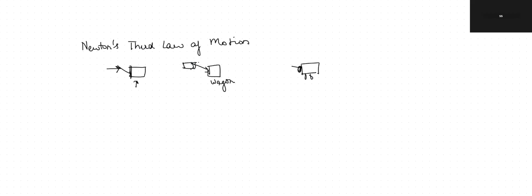When we are exerting a force on the table, the table is also exerting an equal force in the opposite direction on our thumb. So we can say that to every action there is an equal and opposite reaction.